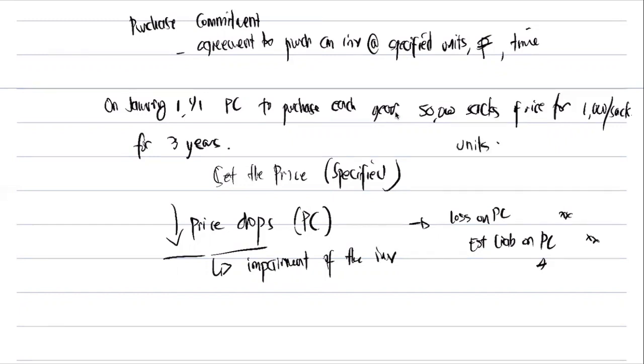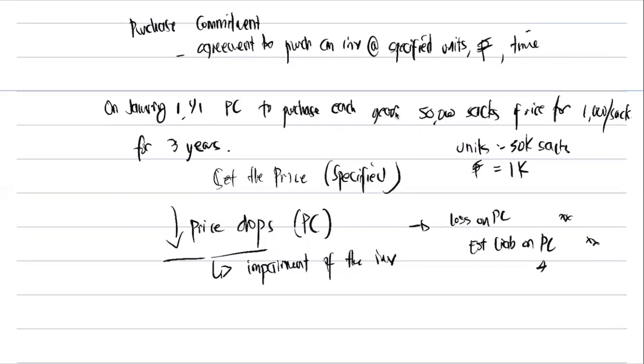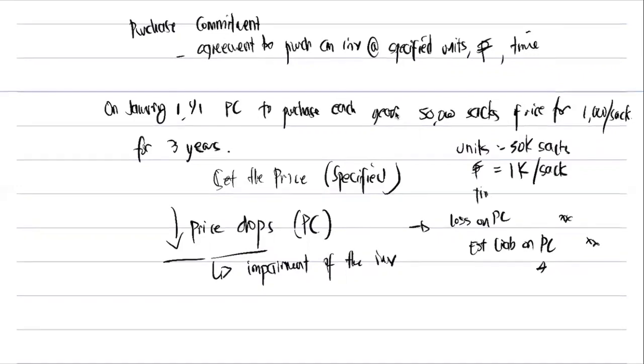The specified units is 50,000 sacks. What is the specified price? That is 1,000 per sack. And what is the specified period of time? 3 years. And now, what is our problem and what is the connection of purchase commitment to LCNRV? Because during this particular period of time, the price may drop.